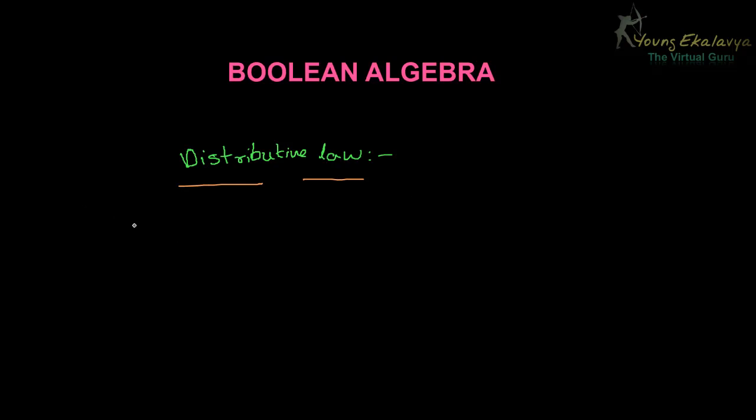It states that x and y or z, this is literally equal to x and y plus x and z. So x and y or z is equal to x and y plus x and z. So this is our distributive law.